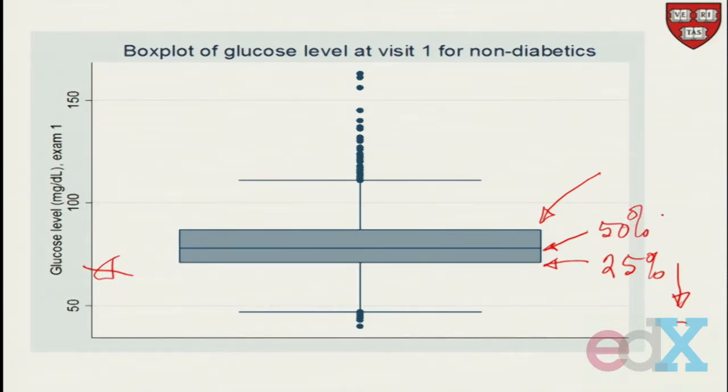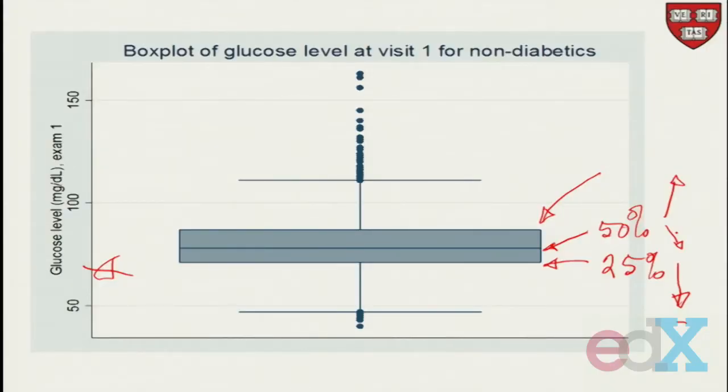If 50% lies below, 50% is also going to lie above. We'll find out later that we're going to call this the median. And then the top of the box is where 75% of the data lie beneath.